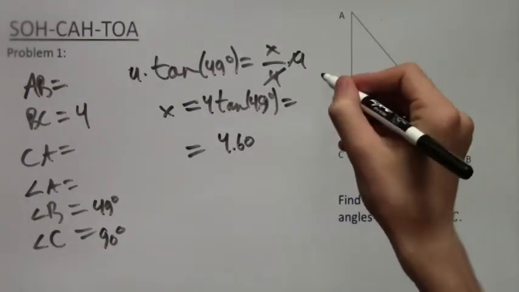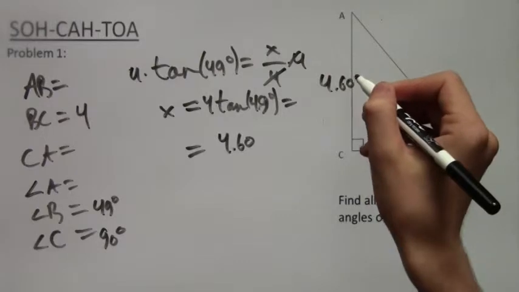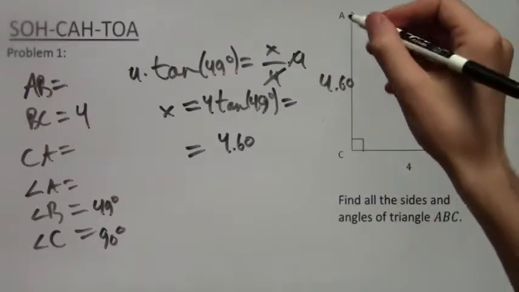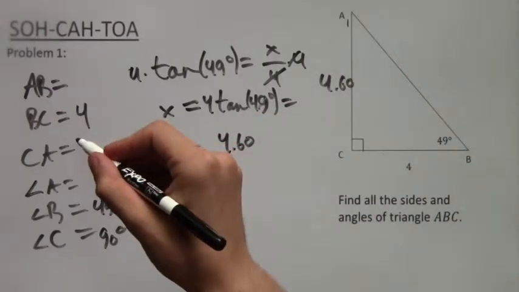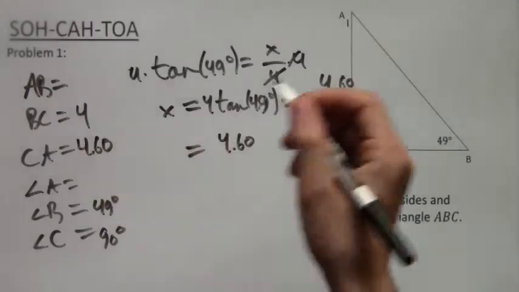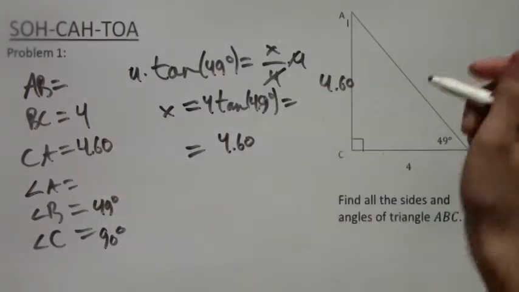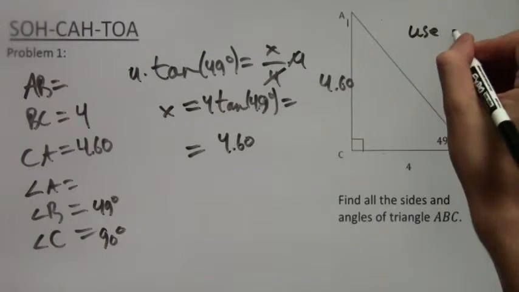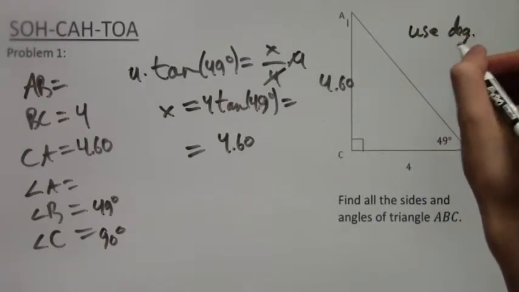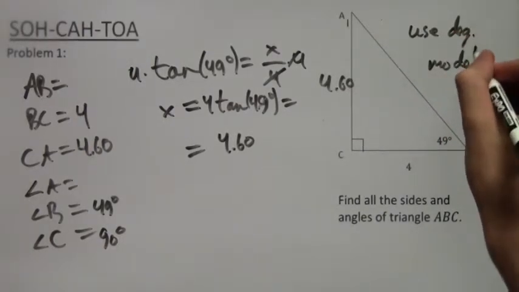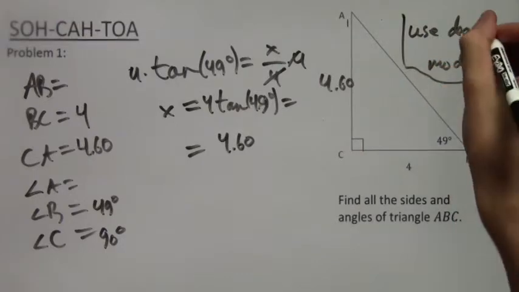So x is 4.60. And remember, this is side AC, which is the same as CA. So we're going to label it here in our answers, 4.60. And yeah, just use degree mode. Not radian mode, but degree mode.